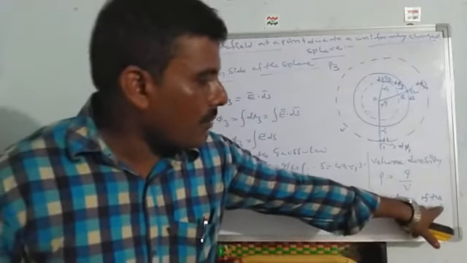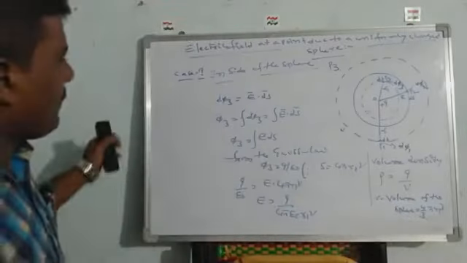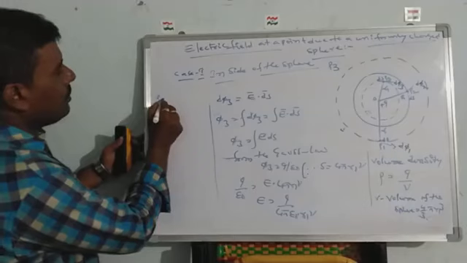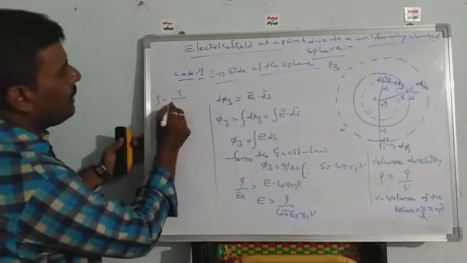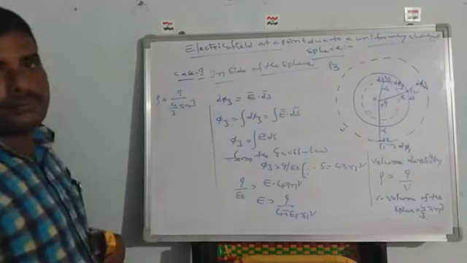Substituting that value, rho equals Q by 4/3 pi r1 cube.